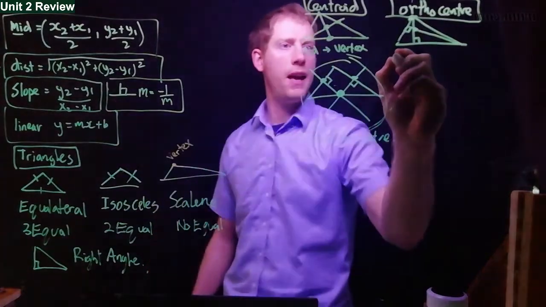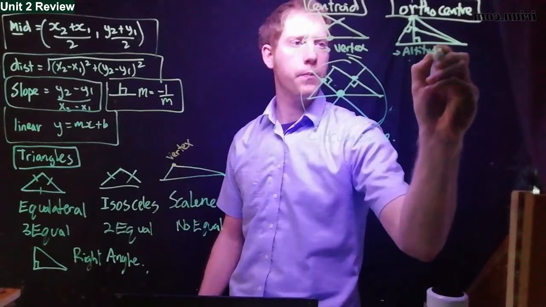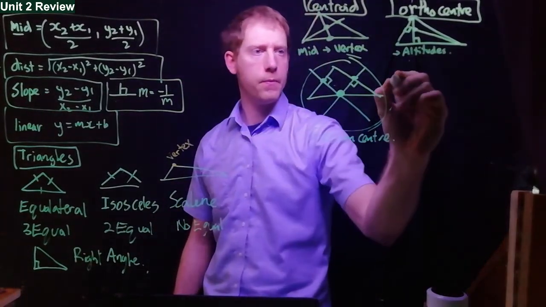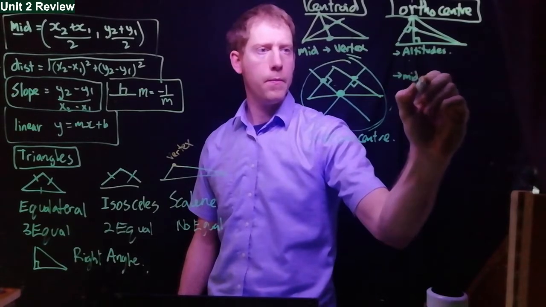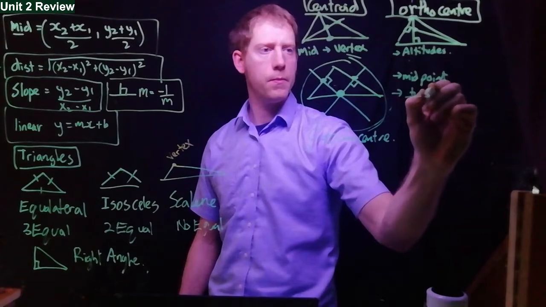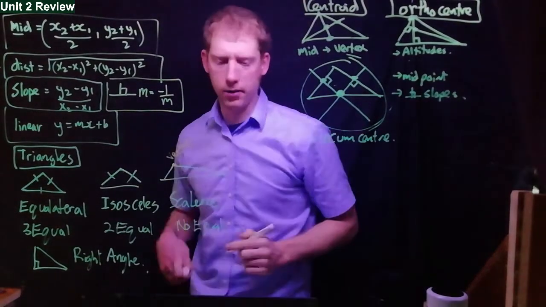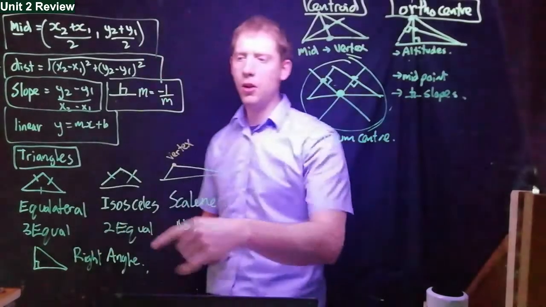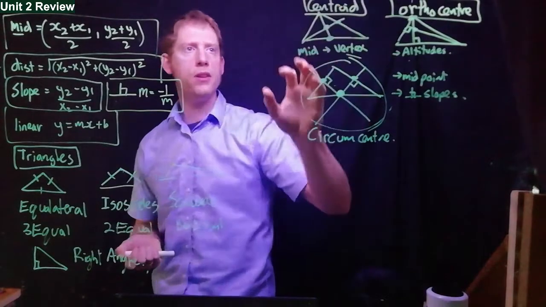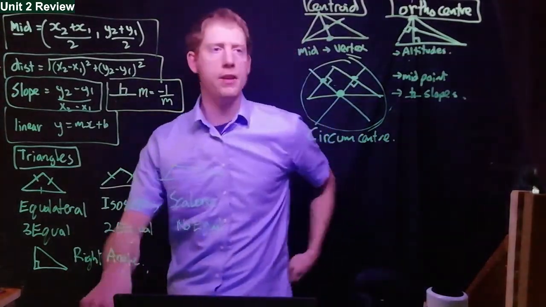So this is using the altitudes. This is using midpoint, and then perpendicular slopes. And you can find that. Okay, so that's all about triangles. You need to know equilateral, isosceles, scalene, right angle. You should be able to determine the centroid, orthocenter, circumcenter. We also had a project on that, so there shouldn't be a problem.